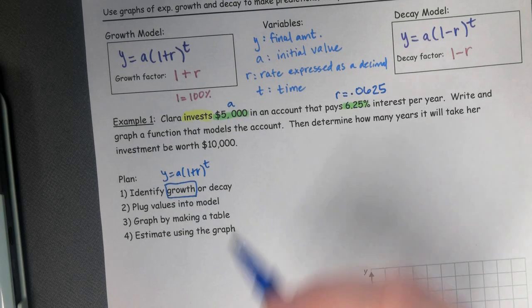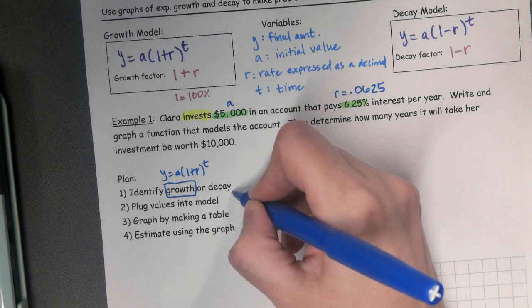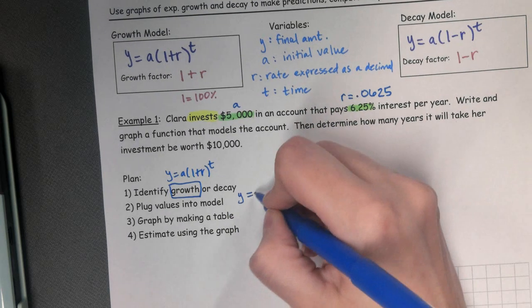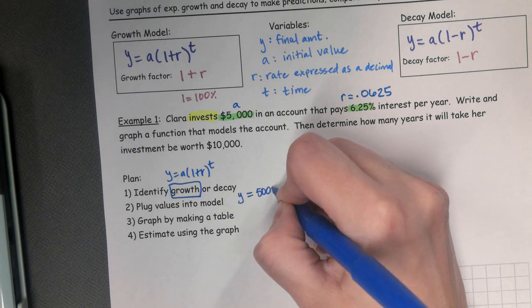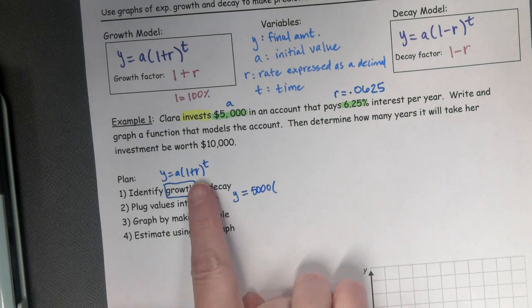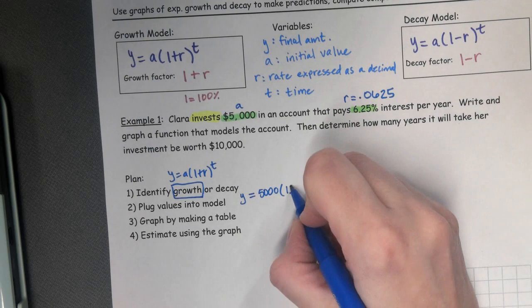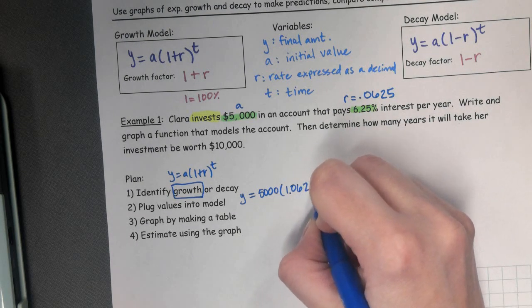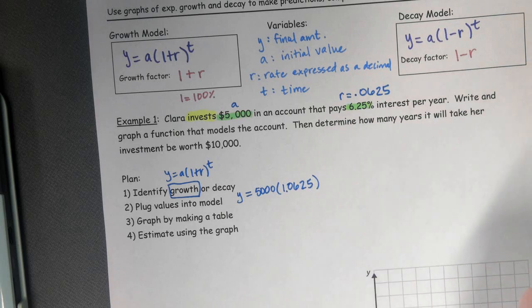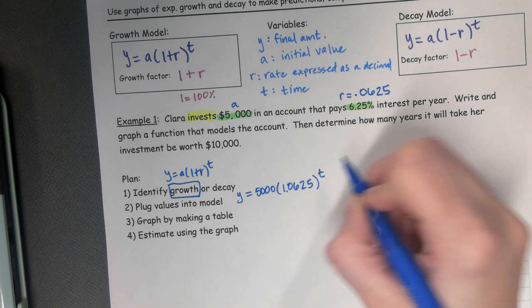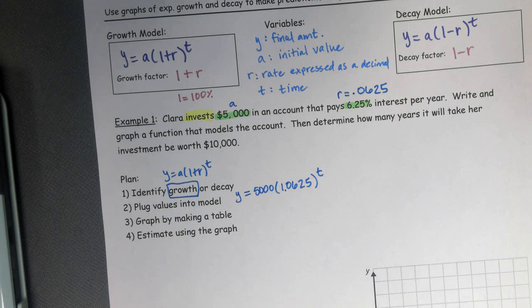Okay, so your model is going to be y equals 5,000. And then the 1 plus the rate, we're just going to do that automatically instead of 2 steps. So 1 plus 0.0625 is 1.0625, and that is to the power of t.